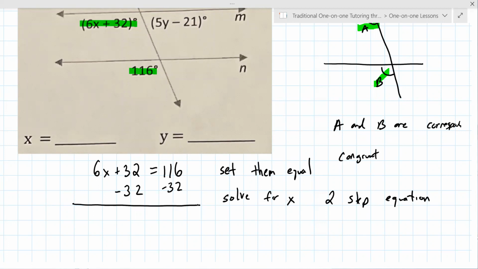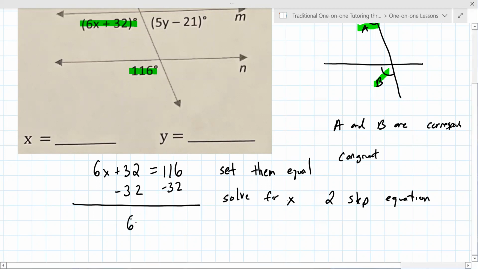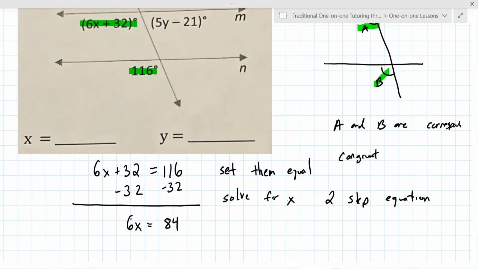Go ahead and figure that out for us. You're welcome to use a calculator if you need to. It's 84. So 6x equals 84. Very good. Now, what do you do to solve for x? Divide by 6.